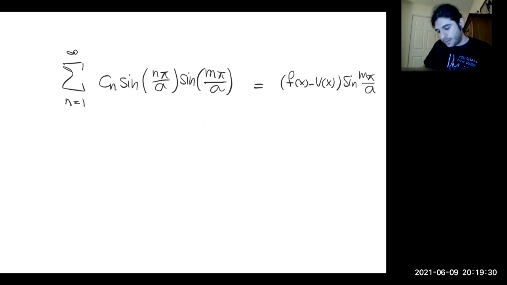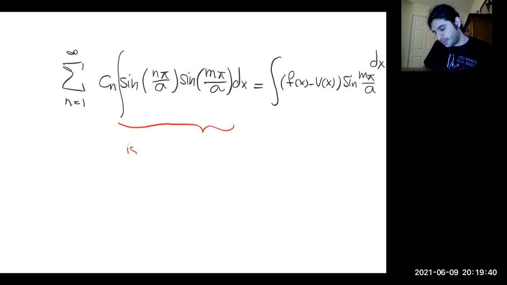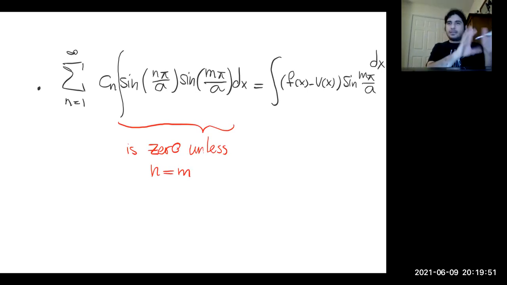We integrate both sides. Now, the point is that this integral is 0, as we have seen before, unless n is equal to m. So on the left-hand side, in the summation, all terms are 0.